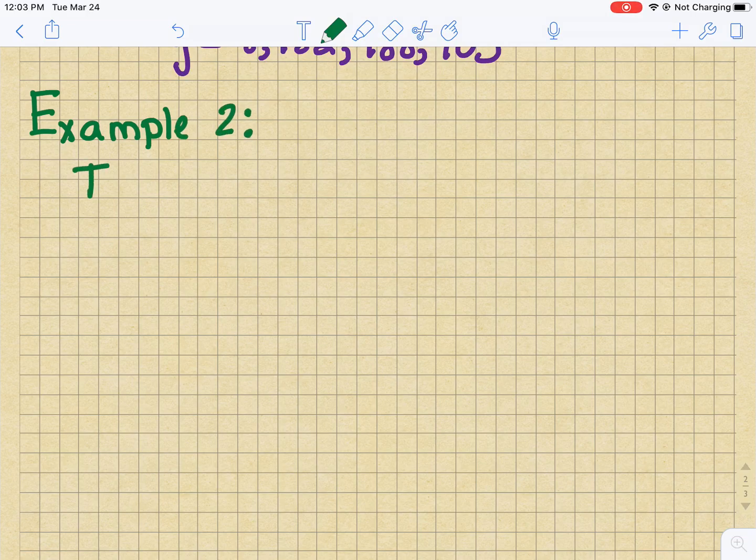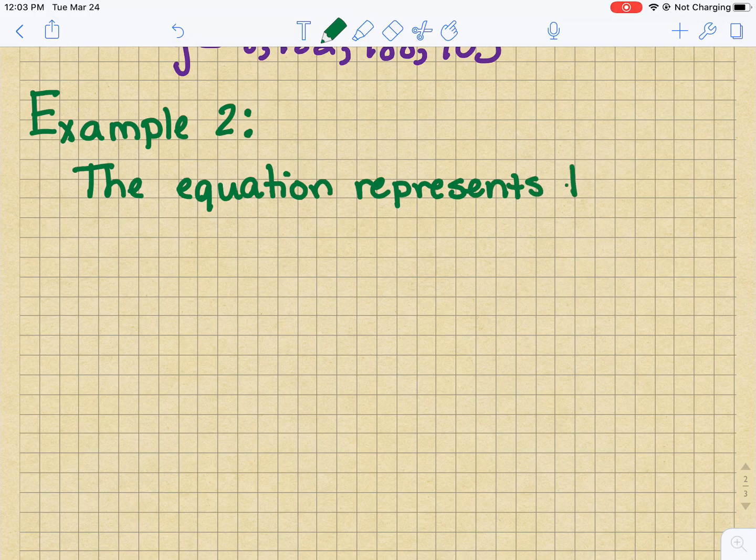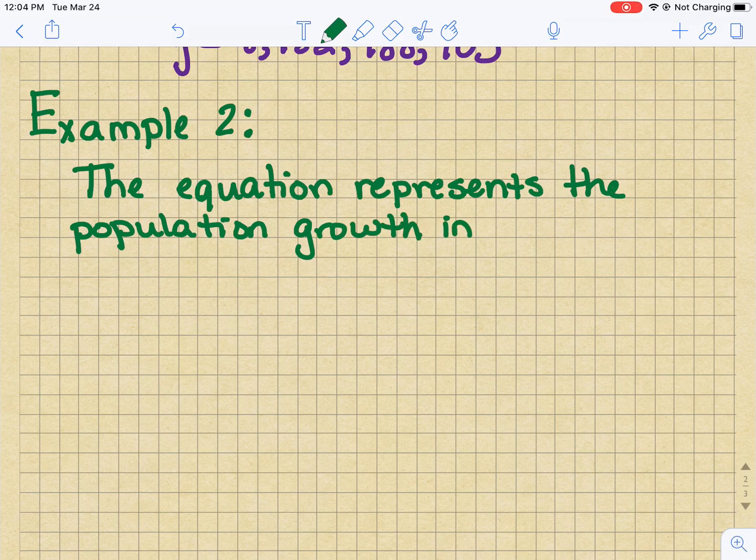The equation represents the population growth in the United States beginning in 2016.